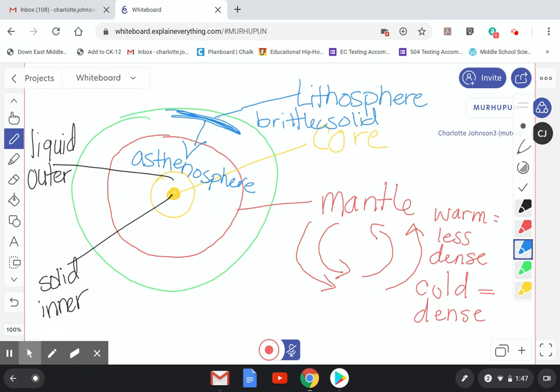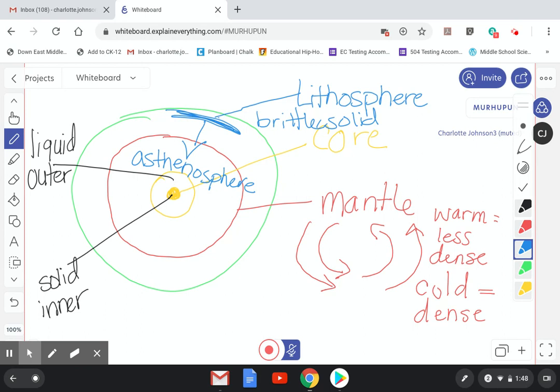So that being said, we have a lot of different labels that we can talk about with the different layers of the earth. The main ones you need to remember are our inner core, outer core, mantle, and crust. Do remember that the mantle makes up a good portion of the layers and contributes to the movement of the lithosphere.